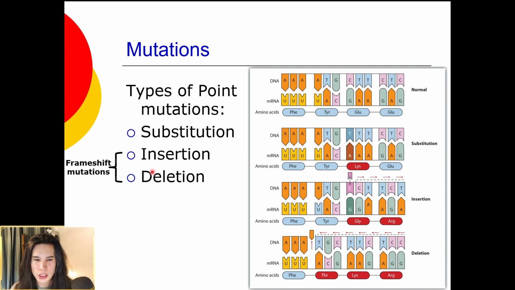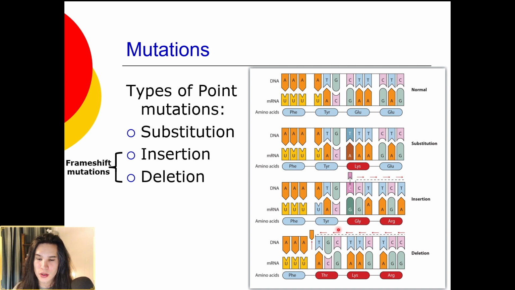So deletion, as the name implies, you're deleting, you're taking a nucleotide out. And just to not make this explanation too tedious, you have this ATG here, and what you're doing is removing this A, and what happens is it shifts everything back.